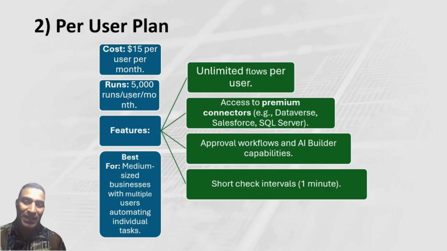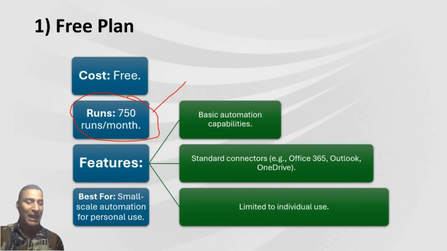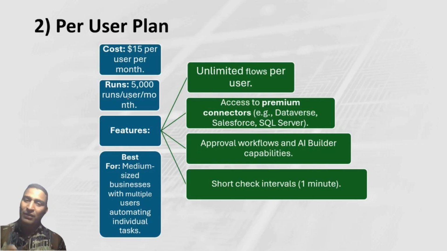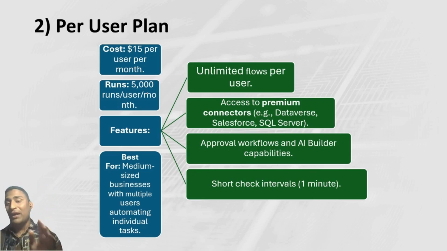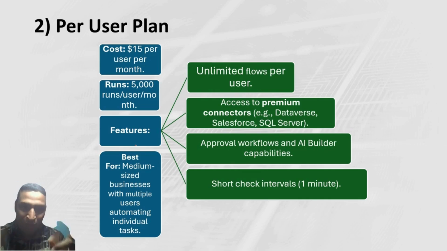Now let's try to understand the features. Here we have unlimited flows per user. We have unlimited flows in the free plan too, but here a user can create unlimited flows, while making sure it does not exceed 5,000 runs per user per month. And what features do you get?